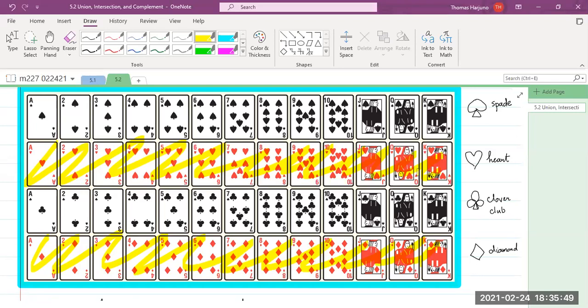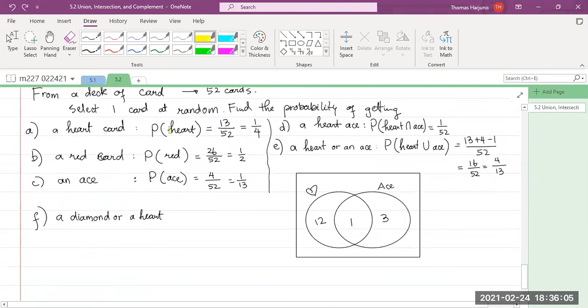So how many cards are diamond or heart? 13 for each, right? And there's no double count, no double agent. The notation will be probability of diamond union heart. That equals 13 plus 13 over 52. Eventually, you will see this is 1/2.